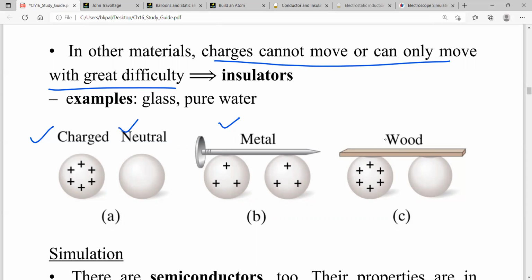But if they're connected by wood or an insulator, nothing happens. So the conductor conducts charge easily from one object to another, while an insulator cannot do that, and that's why we call them conductor and insulator.